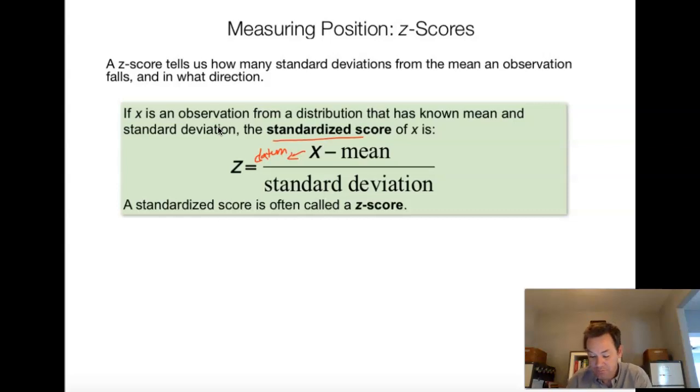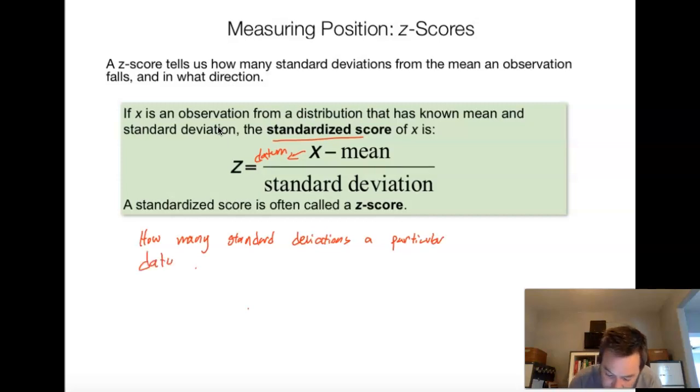This tells you how many standard deviations a particular datum, that's just an individual piece of data, is above or below the mean of the data set.